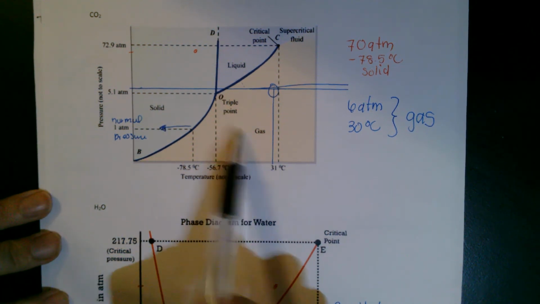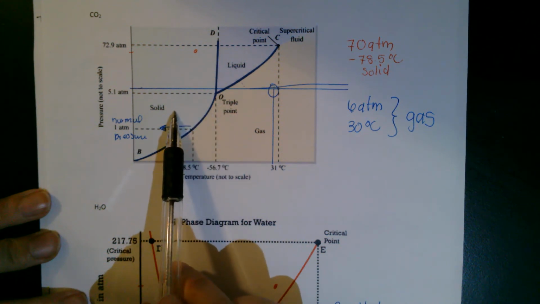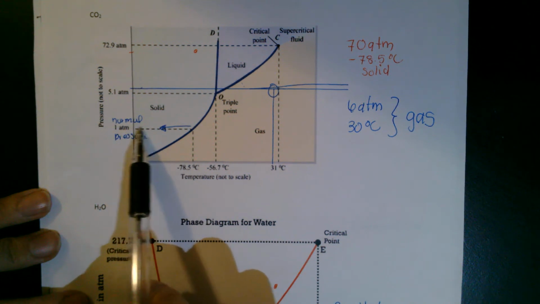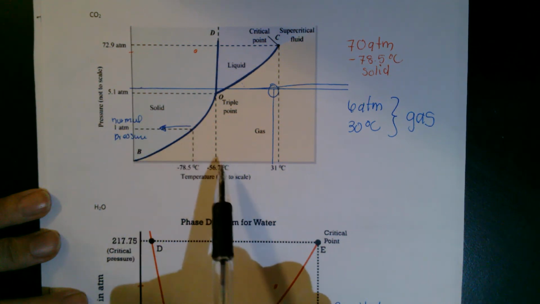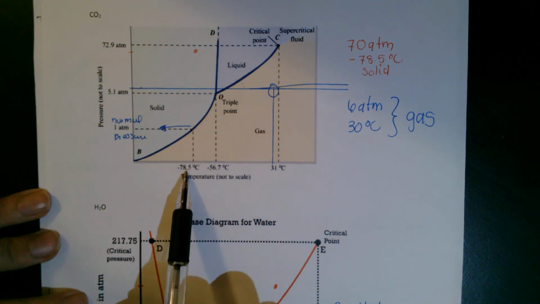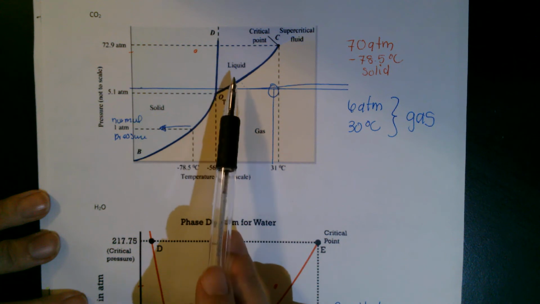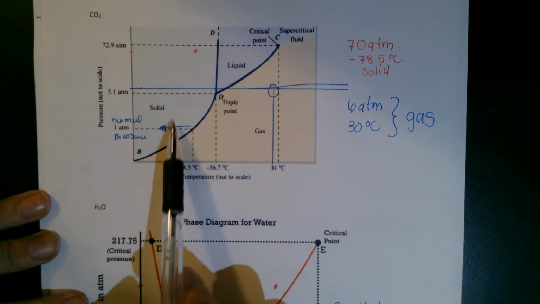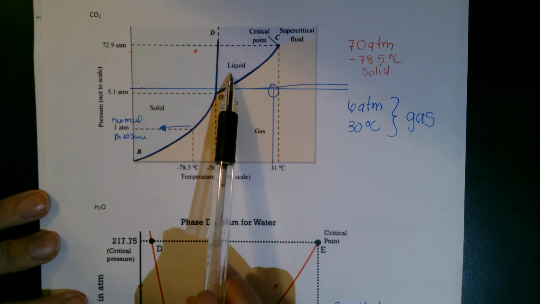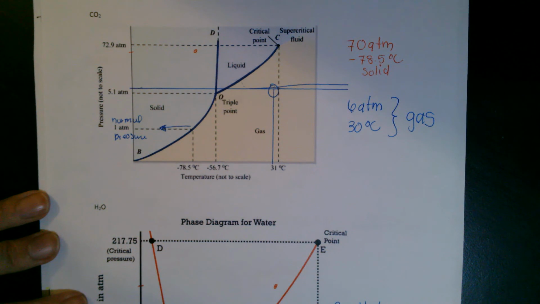At normal atmospheric pressure, to go from gas to solid, you just have to decrease the temperature to negative 78.5. To go into the liquid phase, we would have to bump up the pressure quite a bit. So we can buy carbon dioxide in the solid phase, but it's really difficult to get into the liquid phase because of those super high pressures that are needed.